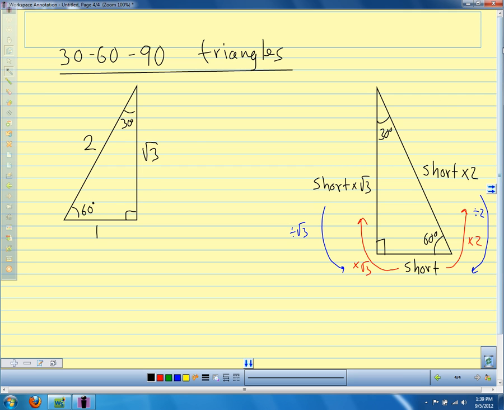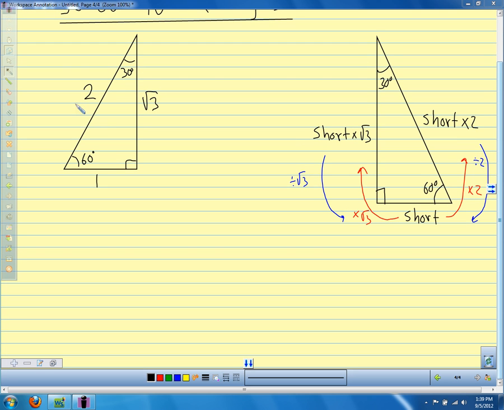So we'll use this to write our sine, cosine, and tangent of 30 degrees and 60 degrees. So we'll look at the 30-degree angle first. The sine of 30 degrees is opposite over hypotenuse, is 1/2.